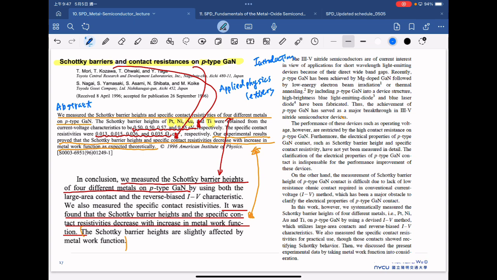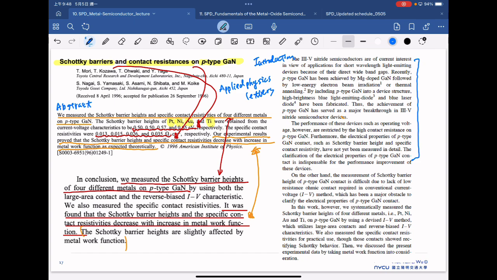So the introduction, of course, is a few paragraphs from here to here. I won't go into the detail, but if you look inside, you will find that this is just background information explaining why we still need to spend effort on Schottky contact, Schottky barrier and contact resistance of P-GaN, P-type gallium nitride.